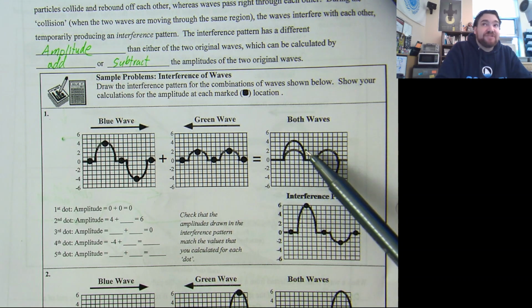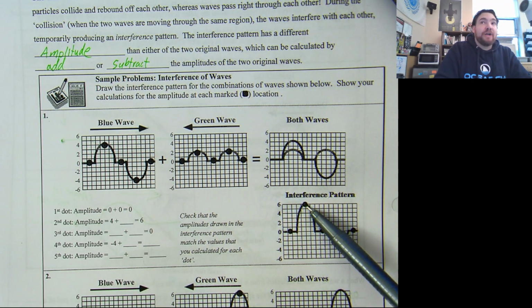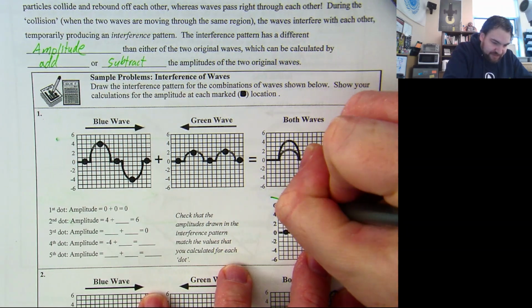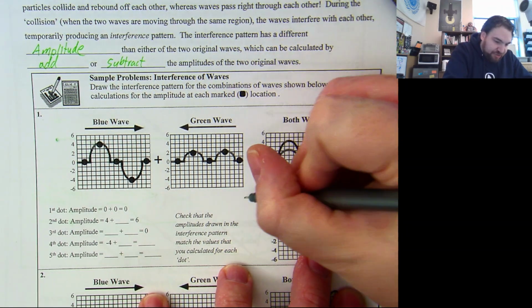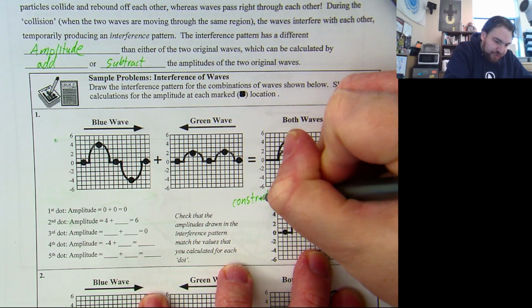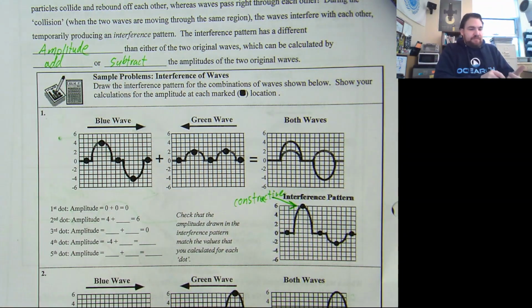When the waves are stacked on top of each other, they produce one larger wave that has an amplitude of 6. This is an example of what we call constructive interference, where the two waves are allowed to build on each other.